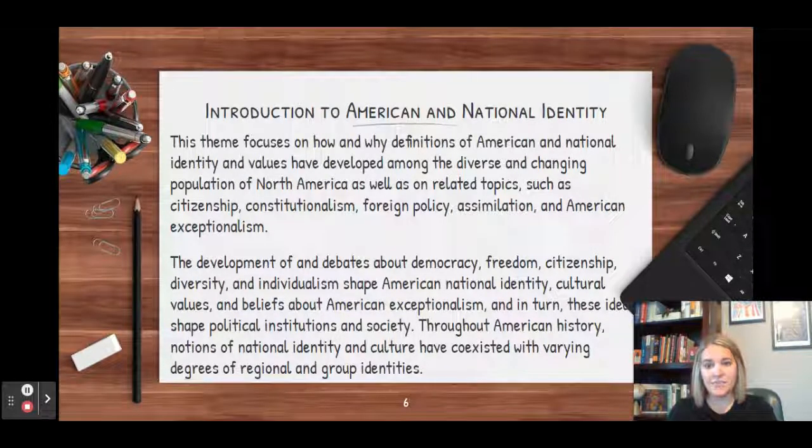The development of and debates about democracy, freedom, citizenship, diversity, and individualism shape American national identity, cultural values, and beliefs about American exceptionalism. And in turn, these ideas shape political institutions and society. Throughout American history, notions of national identity and culture have coexisted with varying degrees of regional and group identities.